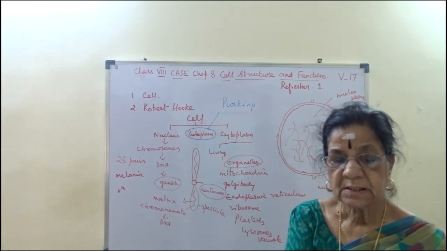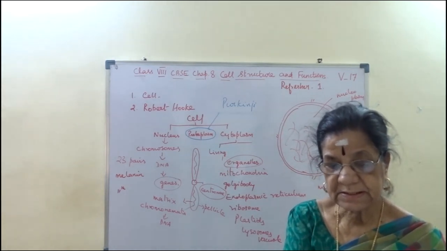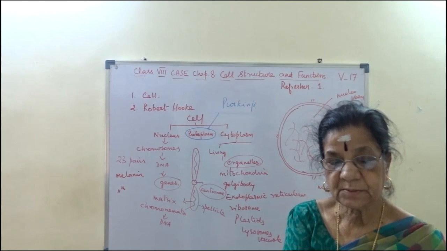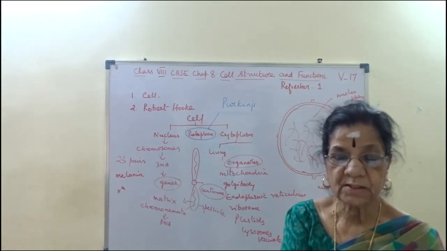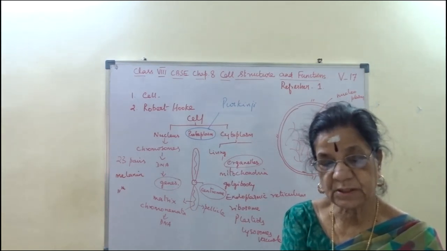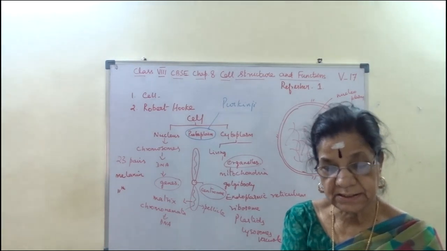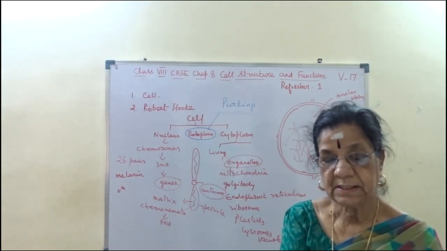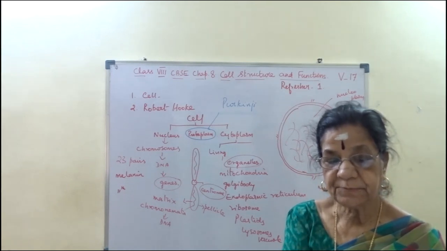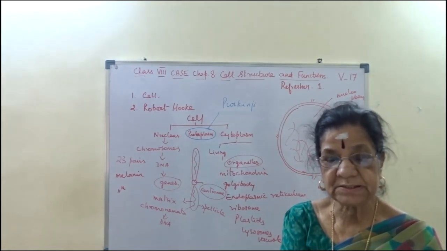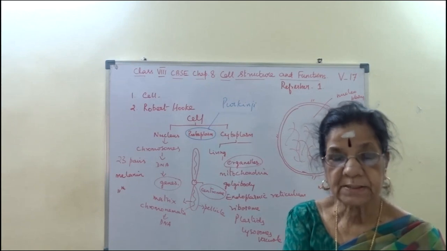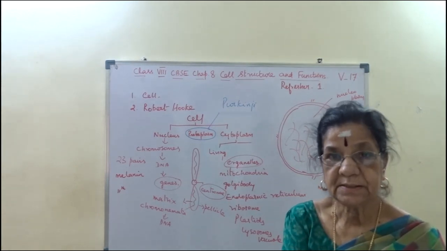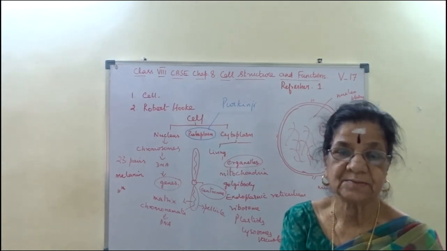For example, if your father has brown eyes, you may also have brown eyes. In the same way, if your mother has curly hair, you may also have curly hair. But still, different combinations of genes from parents result in different characteristics.